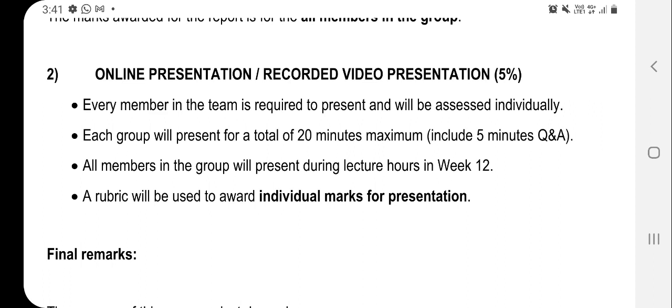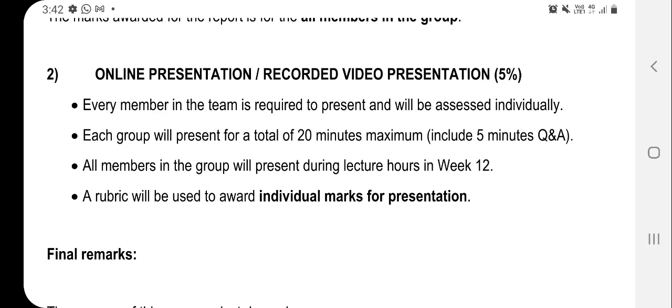So this one, number 2, how to do the presentation. The presentation is 5 marks. Okay, remember this. Point 1, every member in the team is required to present and will be assessed individually. Okay, this is good.